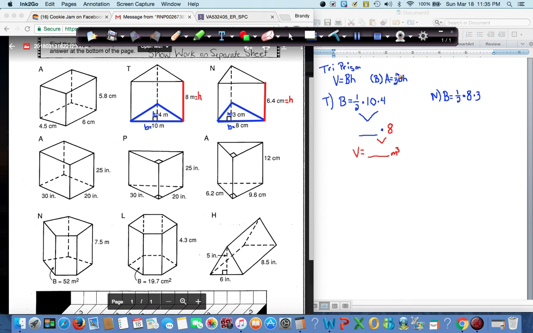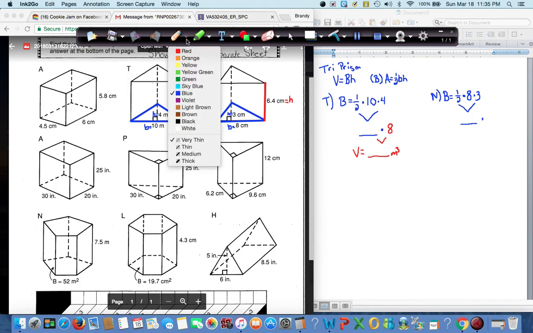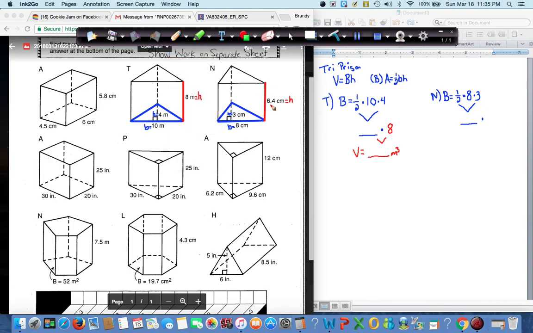We're going to multiply, and we're going to figure this out first. So 1 divided by 2 times 8 times 3. And then you're going to multiply that by the height of the whole prism, which in this case is 6.4. Make sense? All right, those go together, and that's going to be centimeters cubed for your volume for letter N.